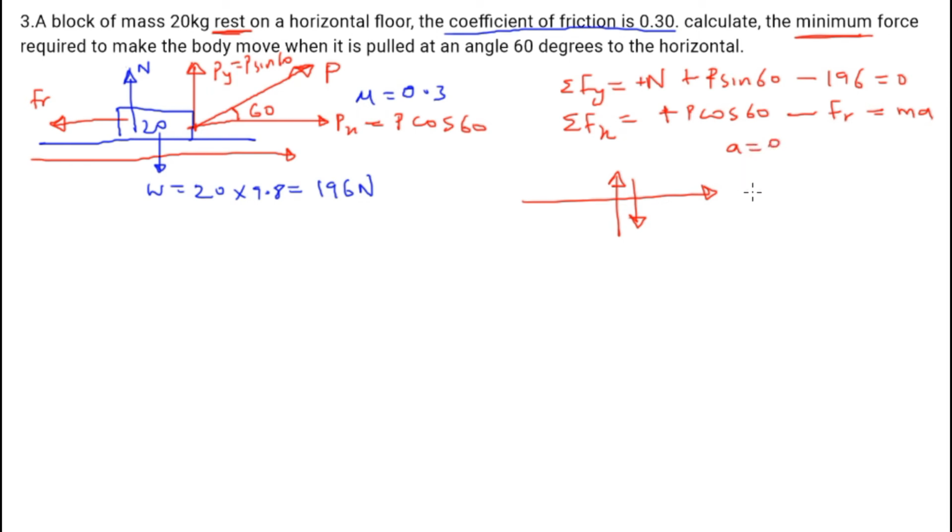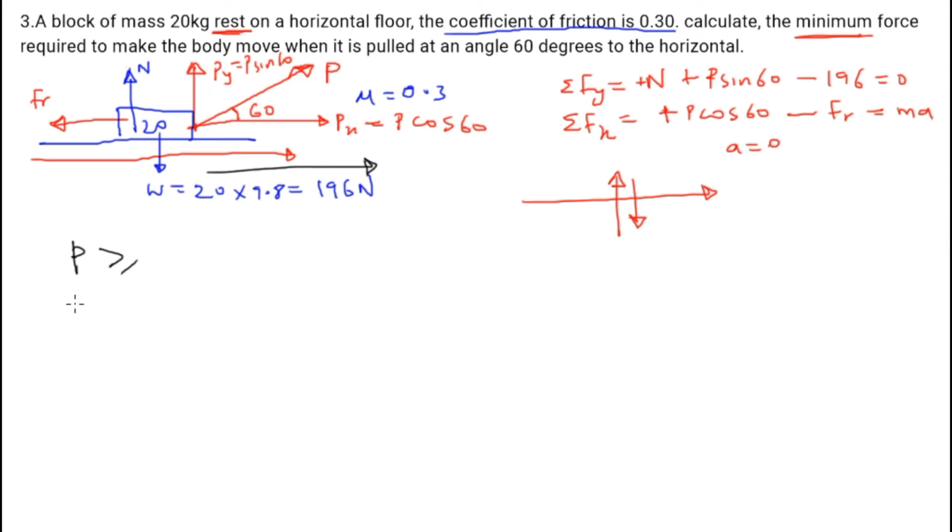Or if you don't understand it that way, you may understand it this way. The minimum value of P that will be able to pull the object horizontally, that is along this direction, has to be greater than or equal to the opposing force.